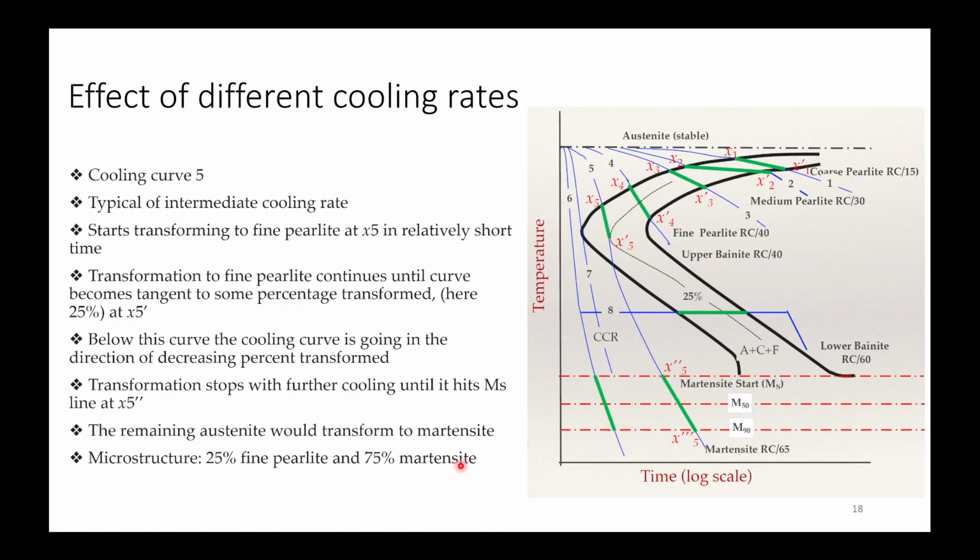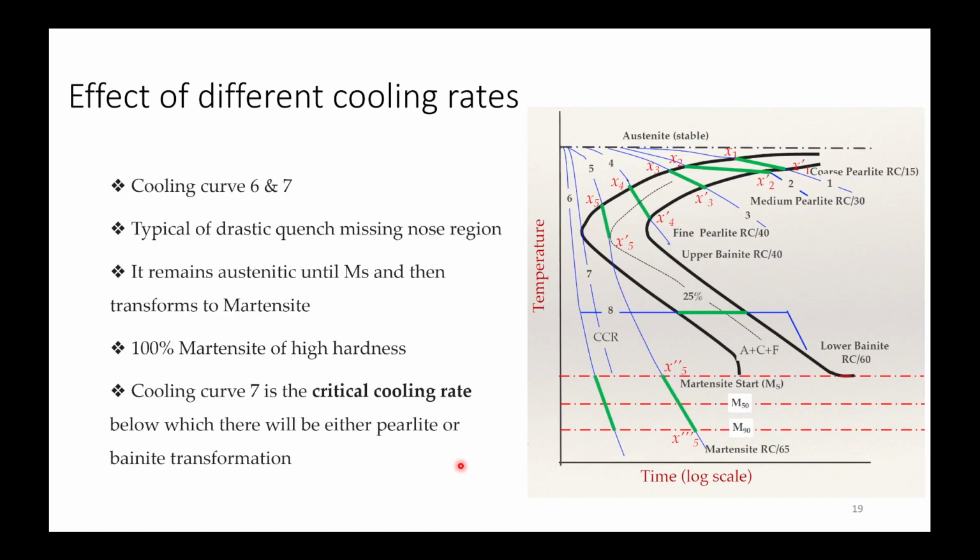martensite. In cooling curves 6 and 7, these both have high cooling rates. 7 has a cooling rate equal to the critical cooling rate, so this will form complete martensite, and 6 has a higher cooling rate compared to the critical cooling rate, so this will also form complete martensite.